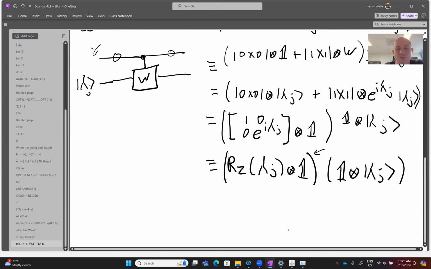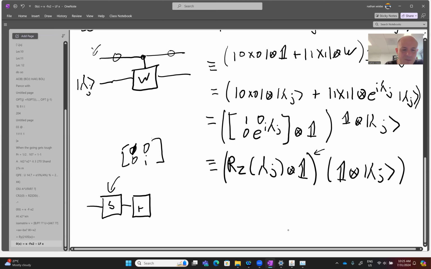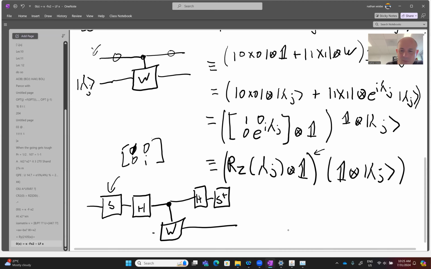So to make it a little bit more clear how we can do this, let's change our circuit in the following way. If we put an S gate in here, then we do a Hadamard transform, and we do a W, Hadamard transform, and then an S dagger over here.